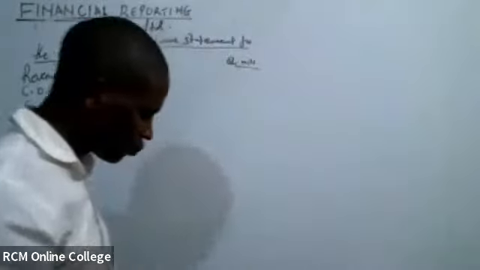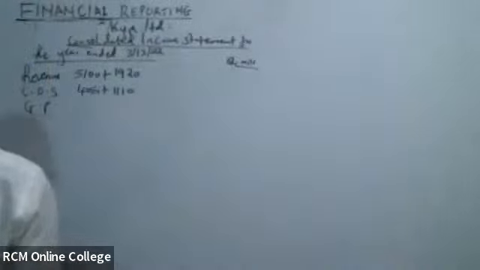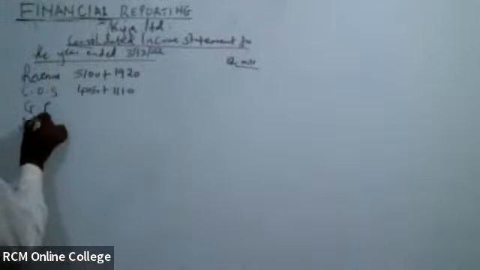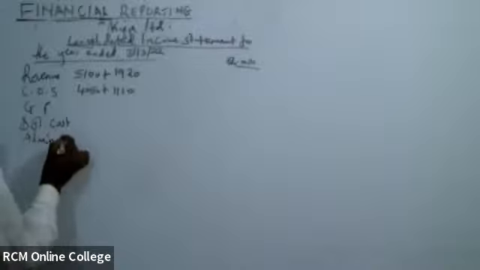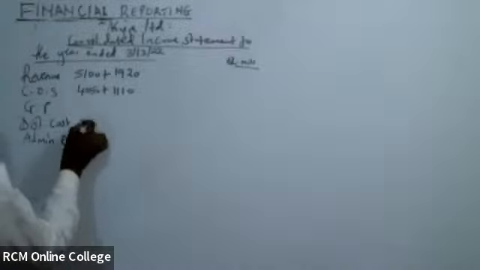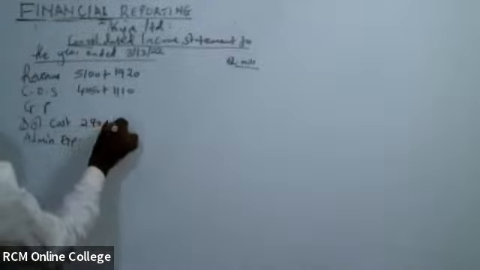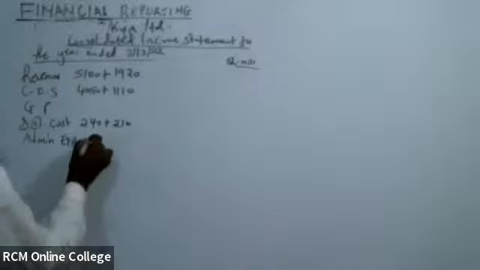Then you go to the next, distribution cost, and admin expenses. Distribution is 240 plus 10. Admin is 480 plus 30. That's all for now.